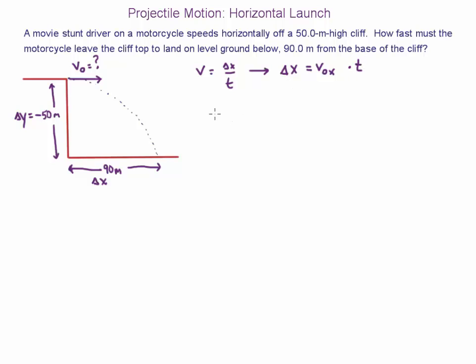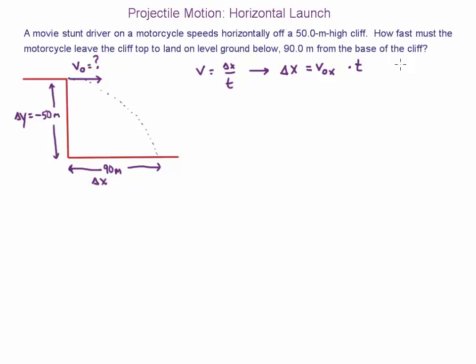In order to find the time, we're going to need an equation that takes what we know and allows us to solve for time. Now, it doesn't look like we know much as far as the vertical motion is concerned, but we do actually know quite a bit. One of the things you always have to do in projectile motion problems is find the components of this initial velocity.